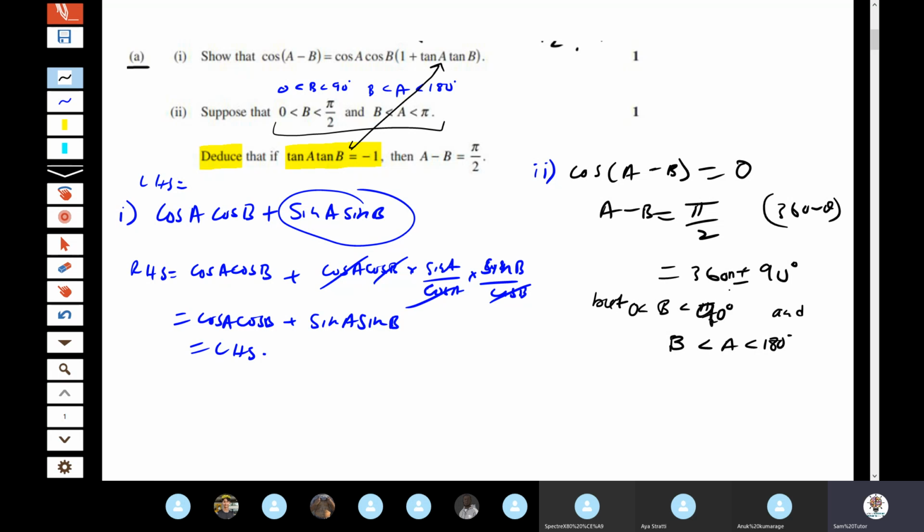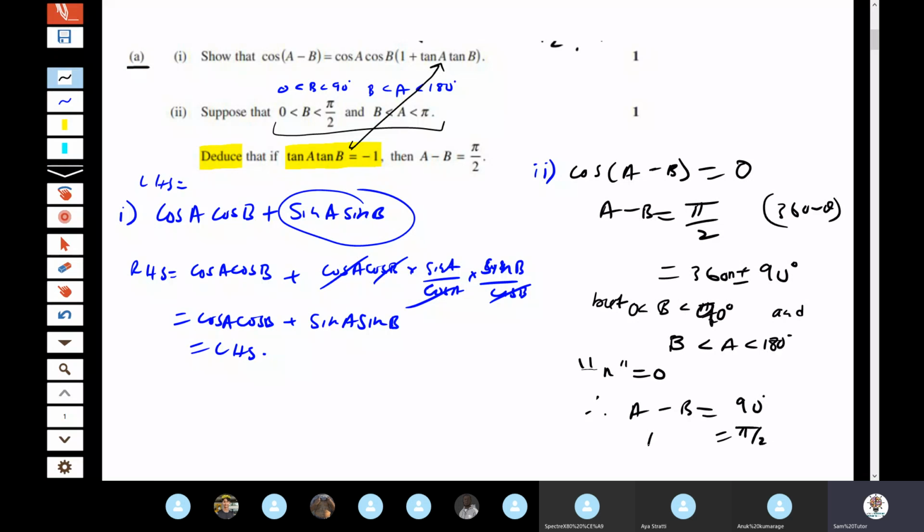All right, so 360n plus minus 90 degrees. But because B has to be between 0 and 90 and A has to be between B and 180, technically n would equal 0. And then you're just going to get, because it can't be negative 90, as it's got to be between 0 and 90, therefore A minus B must equal 90 degrees.